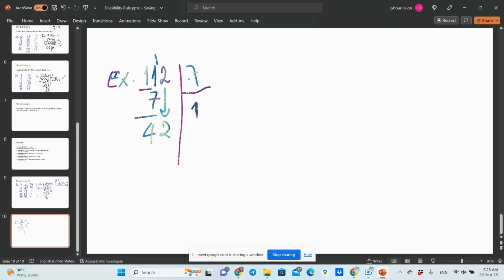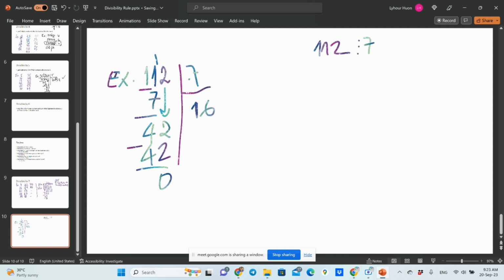Yes. How many times? 6, so it's 42, and this is divisible by 7. So we notice that 112 is divisible by 7.